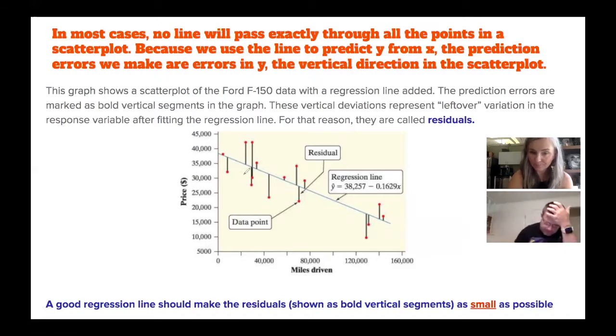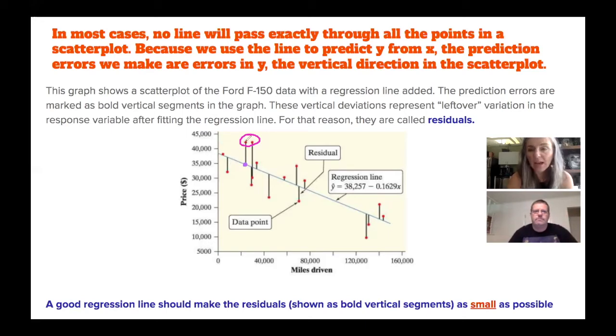For example, I remember talking about these two points. Those points were above the line. I said those were the fully loaded, heated seats, special trucks. The value of those trucks is actually greater than the model predicts. I don't care why, but I want to know that I made a mistake, and how big a mistake.